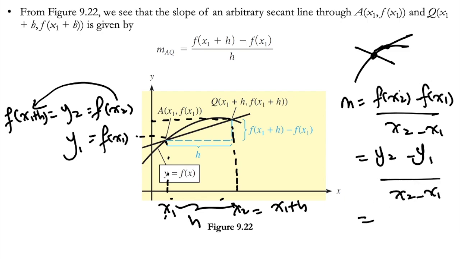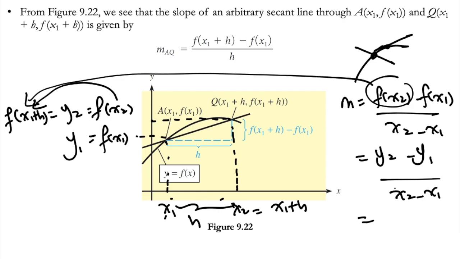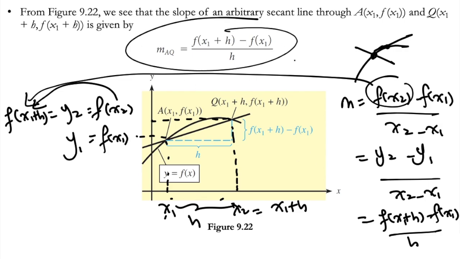Now, because I can rewrite this as this, then I can say f(x1 plus h) minus f(x1) over x2 minus x1, which is h. Okay, so this is similar to this.